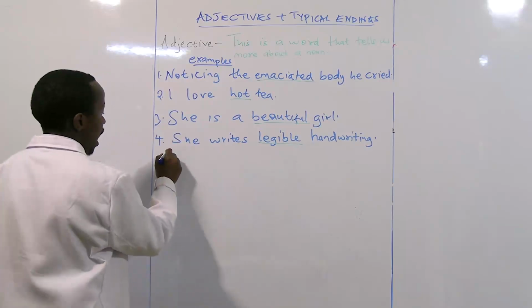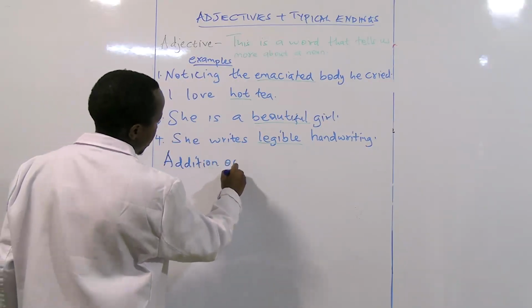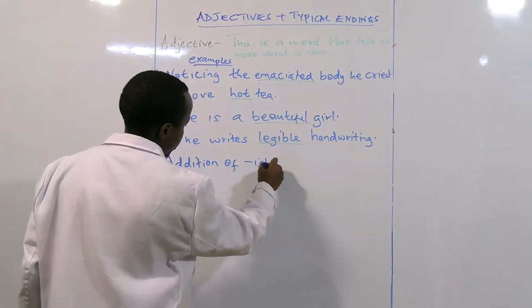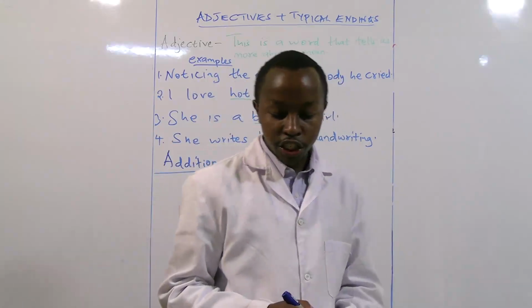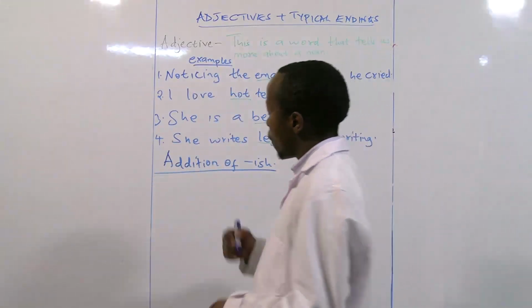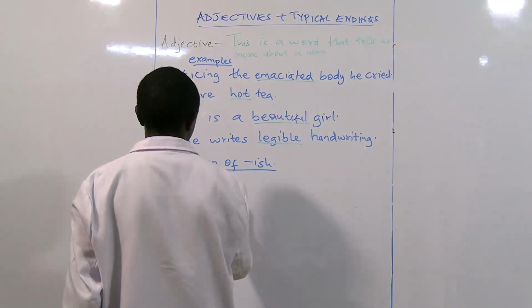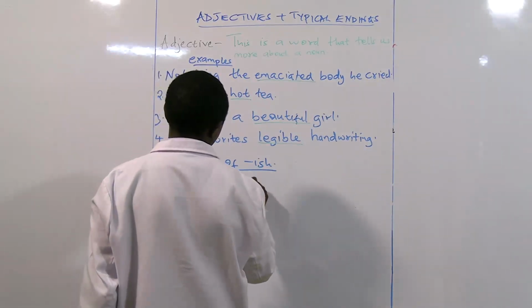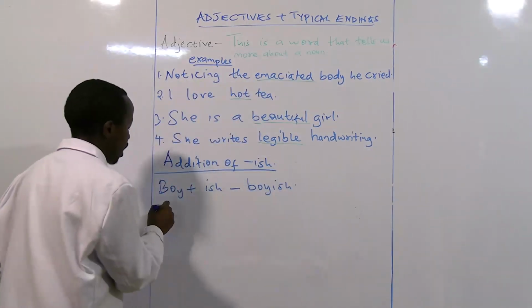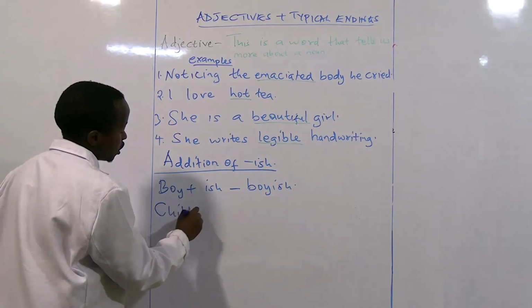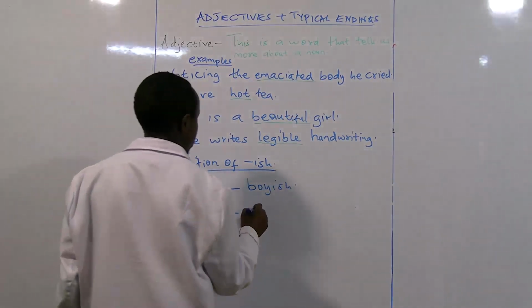Let us look at this. We have the addition of the suffix ish. For example, boy plus ish becomes boyish. Then we have child plus ish becomes childish.